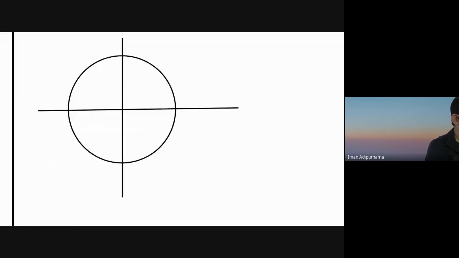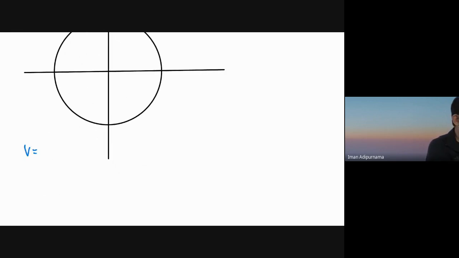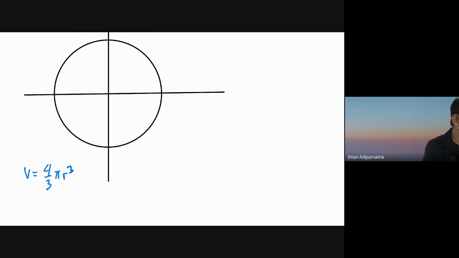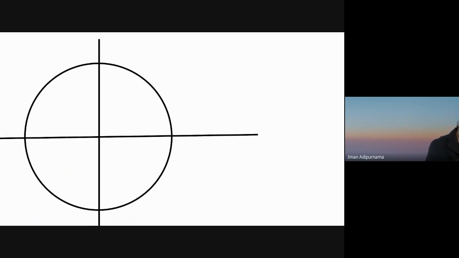If you remember, the sphere volume is 4/3, right? This is the volume of a sphere. Now, if we try to use our integration approach for the sphere, let's say we slice this.